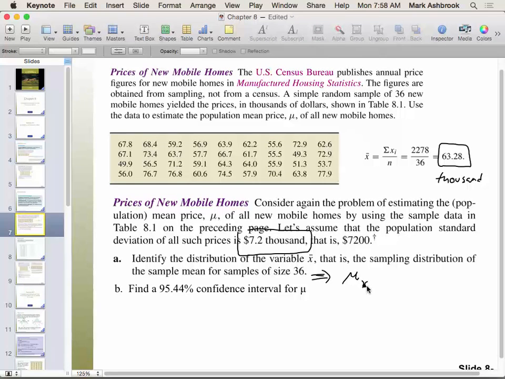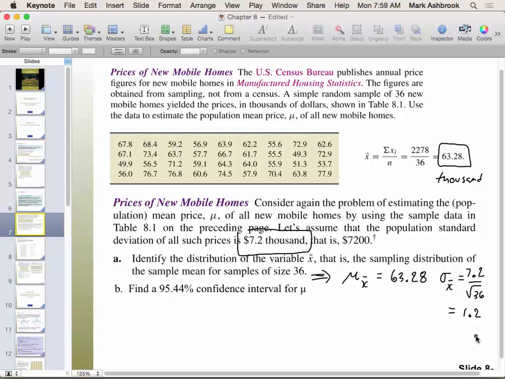So we do this. The mean of the means is 63.28. And the standard deviation of the means, is it 7.2? Good. 7.2 divided by the square root of 36. 1.2 thousand.